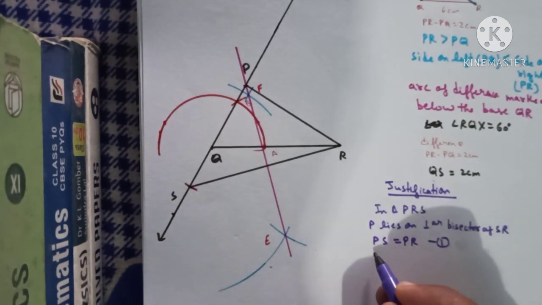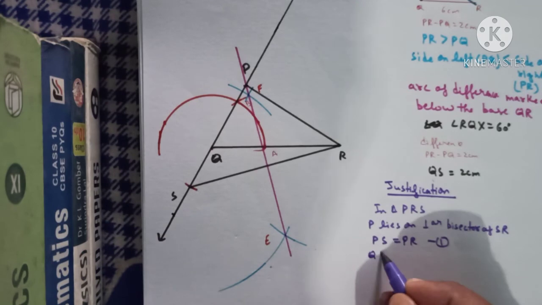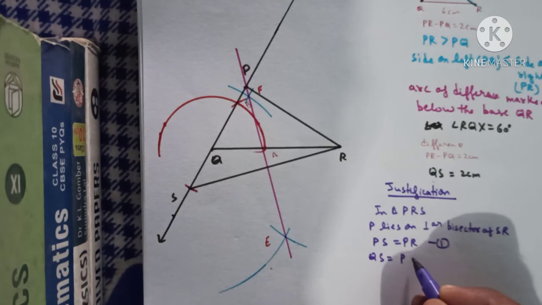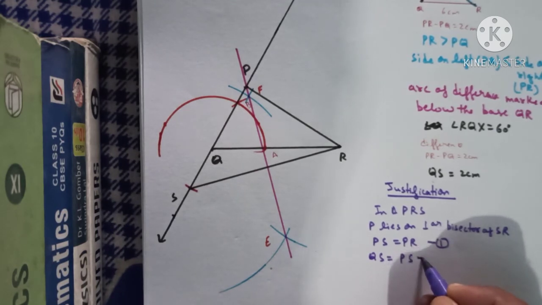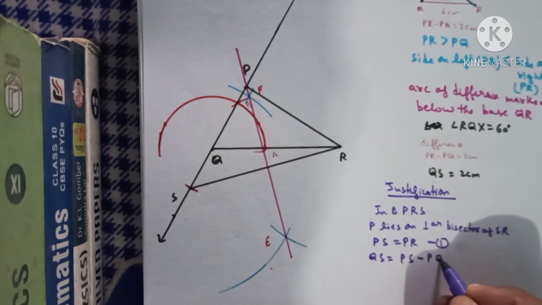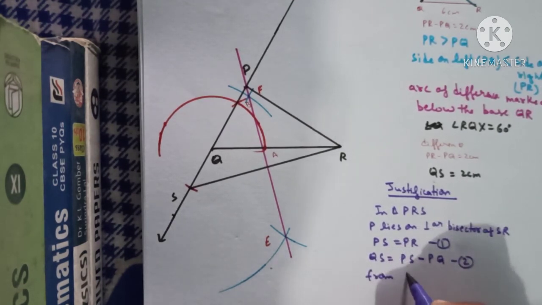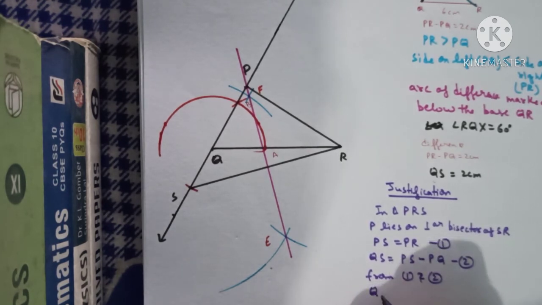Now we can also say that QS is equal to PS minus PQ, and this is equation number 2. So from equations 1 and 2 we can say that QS is also equal to PR minus PQ.